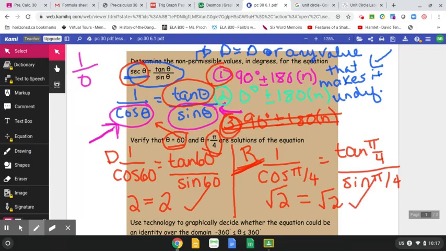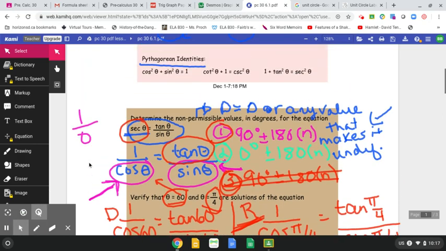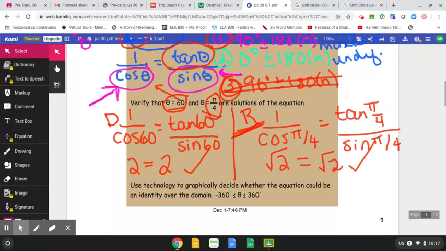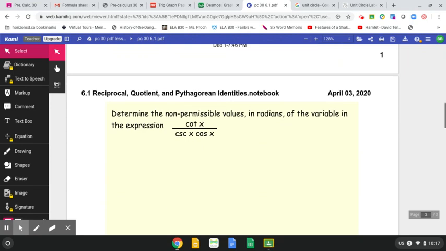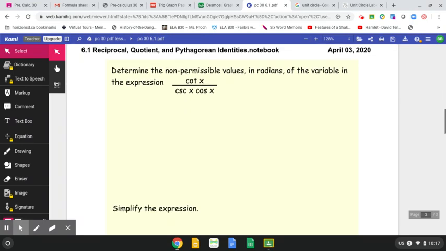So that also verifies. So you're good to go. All right, I am going to stop this question. The next part just says use technology to graph it, but we don't need to do that, we just kind of verified it before.